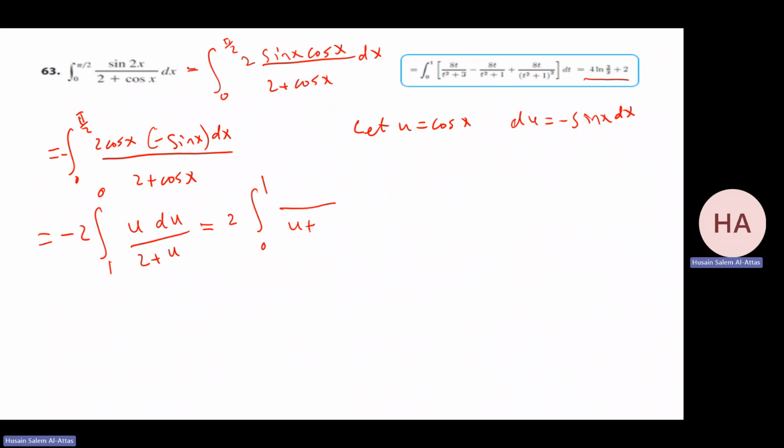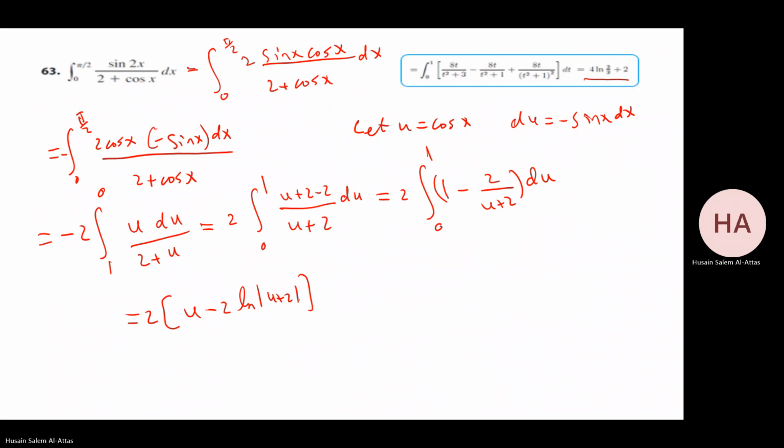I have u plus 2, and I will write this as u plus 2 minus 2, like what we did before. That will be 2, the integral of 1 minus 2 over u plus 2 du. That will be 2 u, from 0 to 1. Okay, I don't need the integral anymore. That will be u minus 2 ln of u plus 2, from 0 to 1. Don't forget the 2 outside.